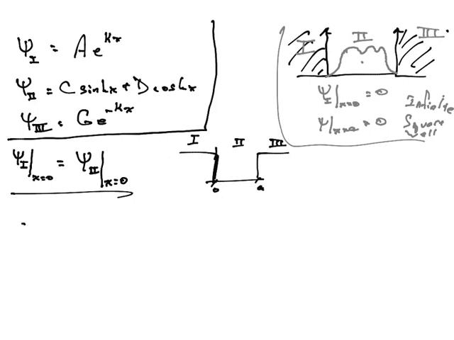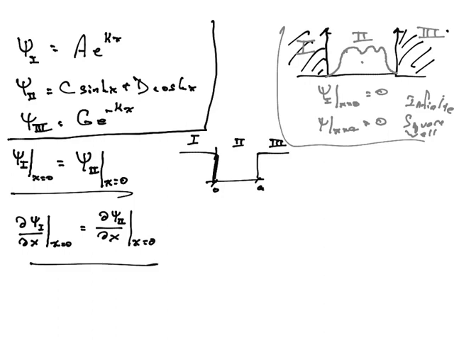So the derivative of the wave function for region 1 with respect to x, setting x equal to 0 at the boundary, better be equal to the derivative of the wave function in region 2 with respect to x at the boundary, x is equal to 0. Okay. So there's my 2 boundary conditions.